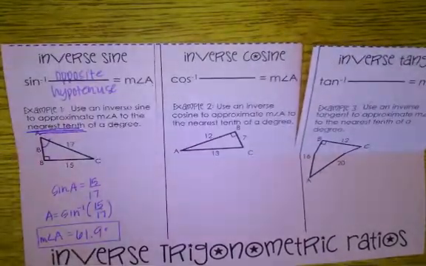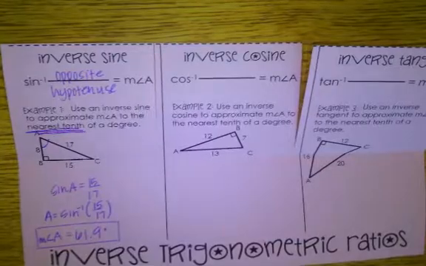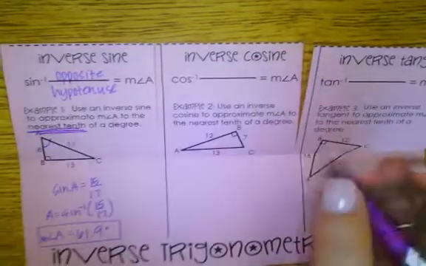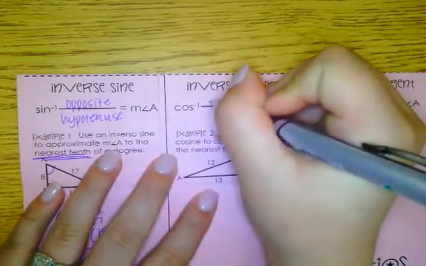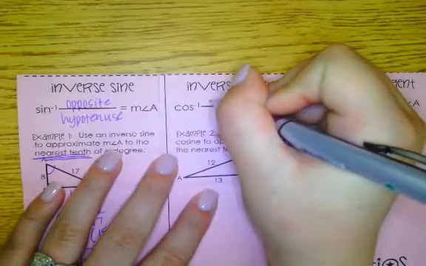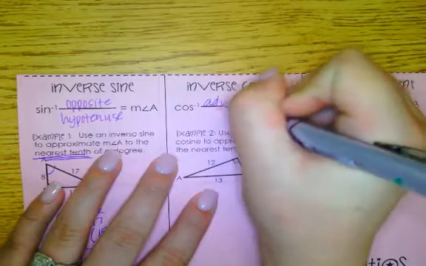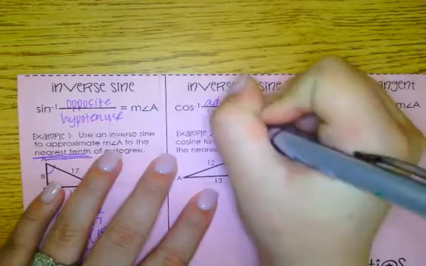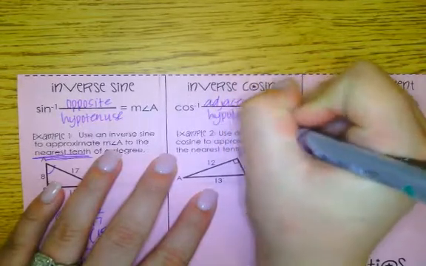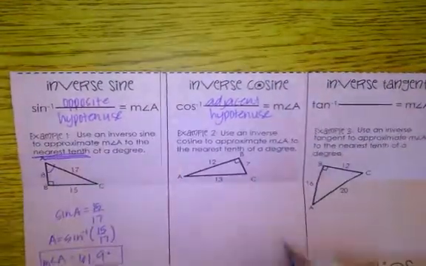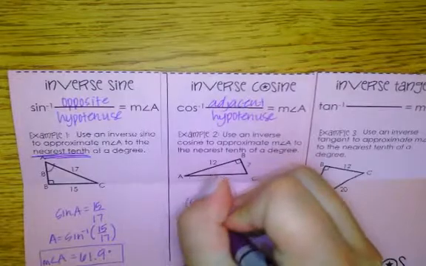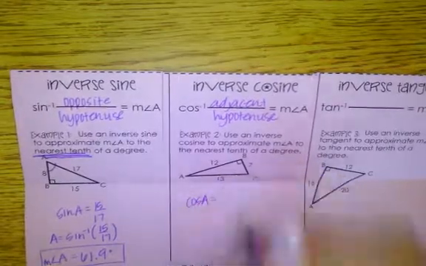Okay, Maddie, cosine. What goes up here? Opposite. I mean, just kidding. Adjacent over hypotenuse. So you had the cosine of A equals what? 12 over 13.